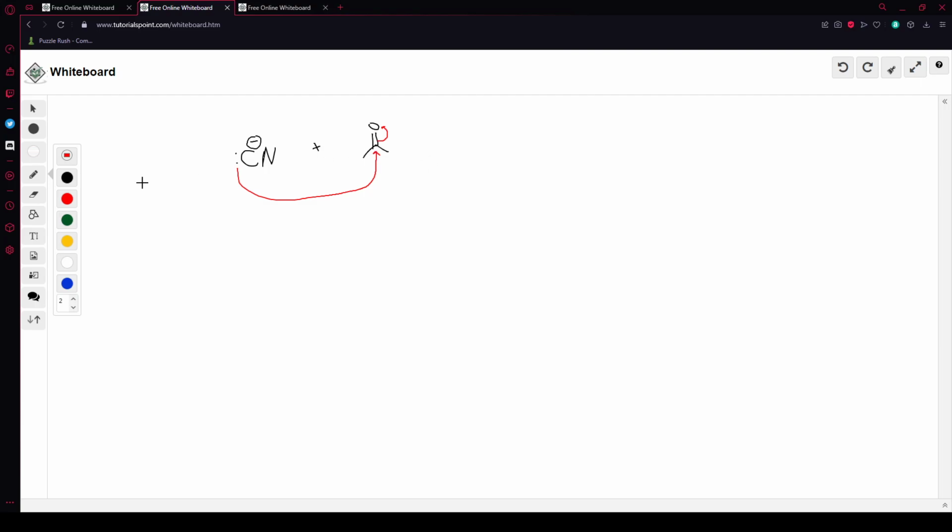And so when I picture this reaction, I think of the carbonyl as kicking its legs up, and so we're going to have these two where the legs were kicked up. We're going to have our oxygen here, which now has an extra set of electrons on it, so it's negatively charged, and then we're going to have the carbon group that just came in and bonded to the bottom there.